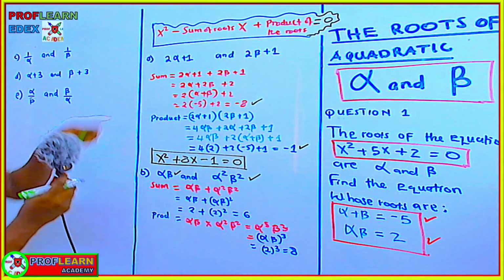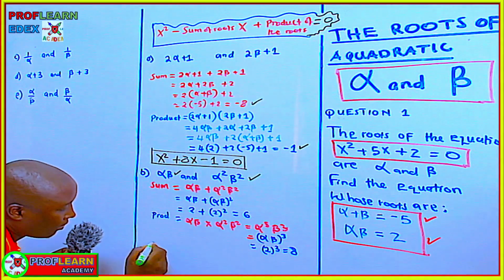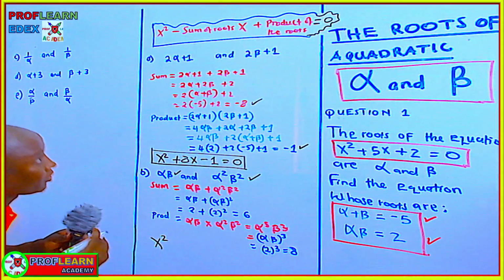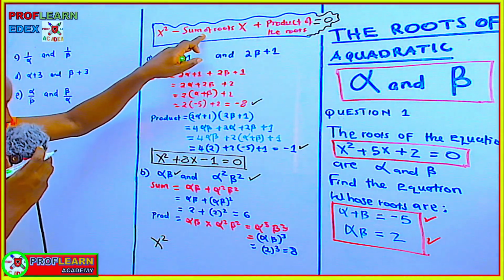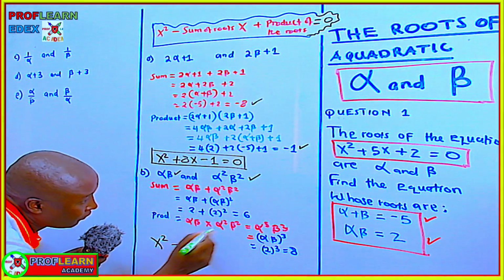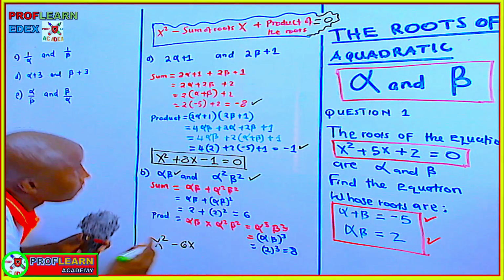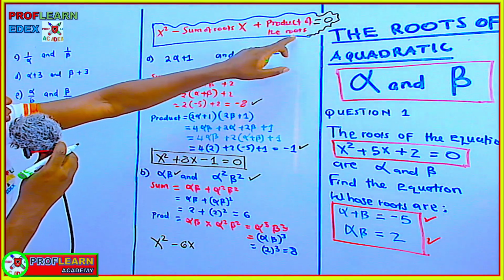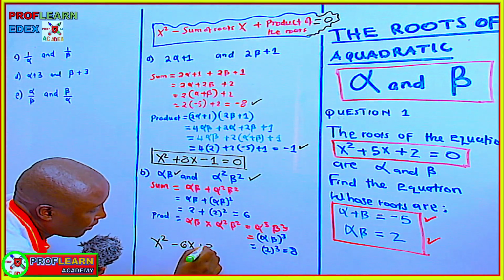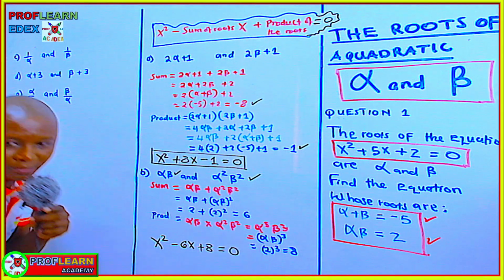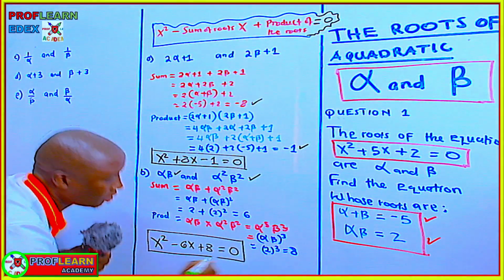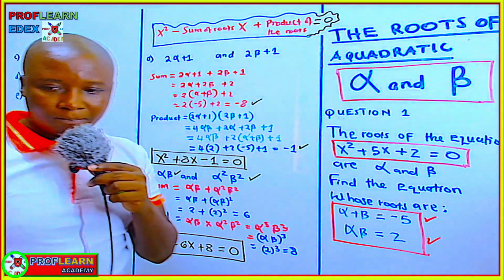Our new equation is going to be x squared, then negative of the sum that we got. The sum we got is 6, so it's negative 6x, plus the product of the roots, which here is plus 8, and everything is equal to 0. So this is the new equation that we have.